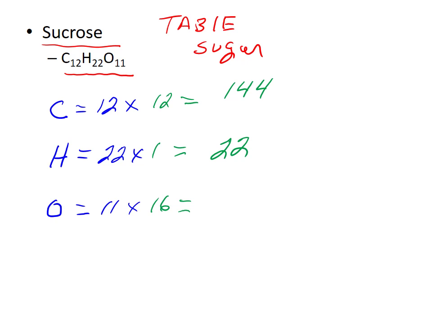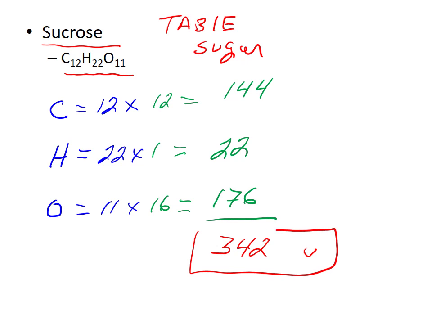And 11 times 16 is 176. We simply add those together and you get 342. And that's the atomic mass unit. Always put a little box around your answer, and that's how you do molecular mass.